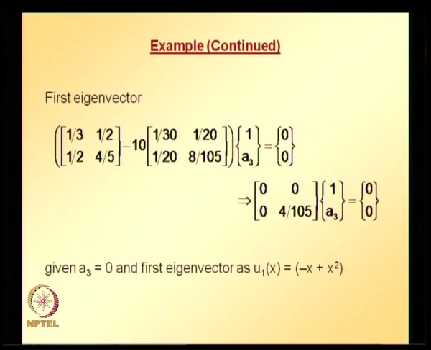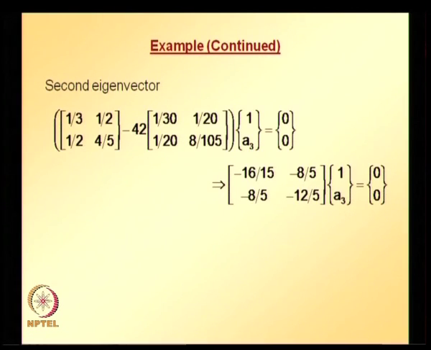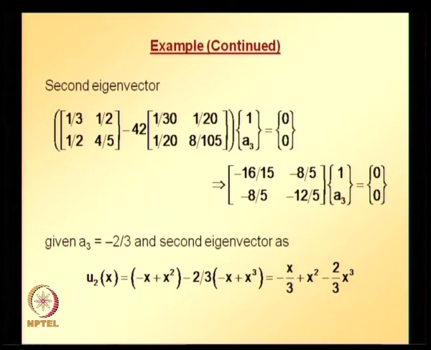So the first eigenvector is given here. Similarly, you can take lambda equal to 42 and repeat this process, and you get the second eigenvector, and the second eigenvector is this. Okay. So we will continue in the next class.